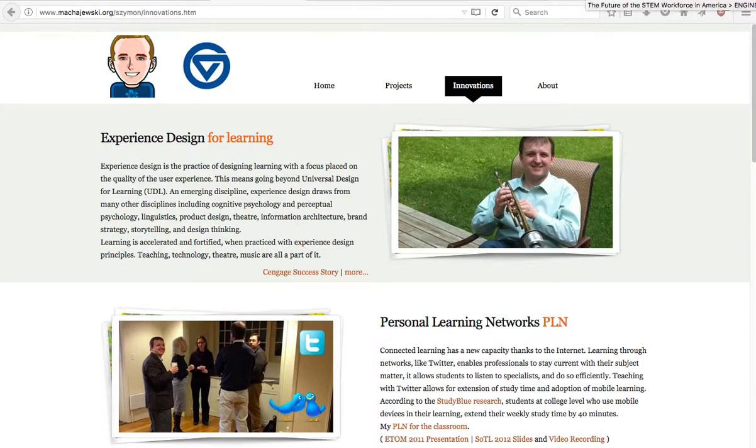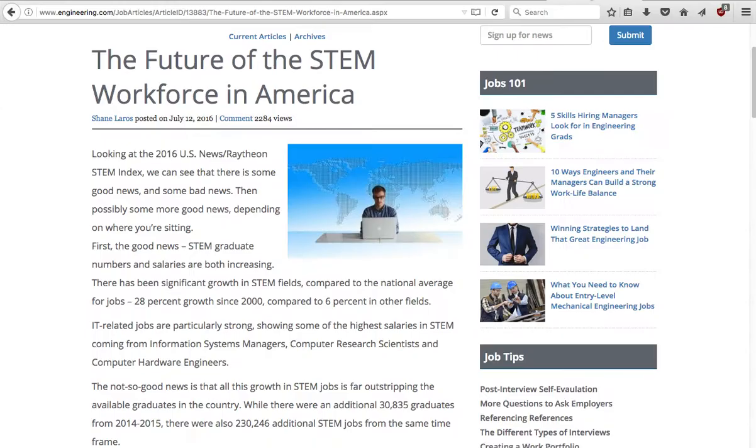So, what are some of the problems that we have, especially in terms of STEM education? Well, we see that the industries within the STEM sciences in the US are doing well. We are looking at 230,000 jobs being added, but only 30,000 graduates being actually available to take them on.